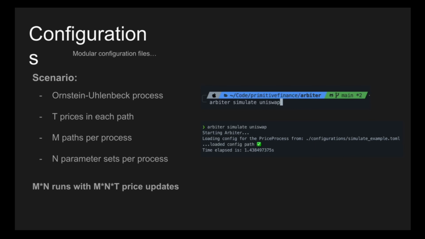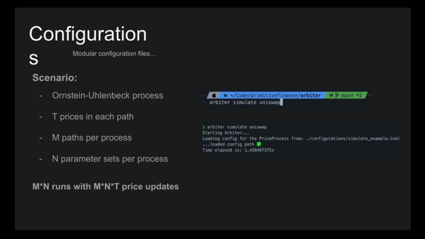It's going to look like what a stable token price will do. We're going to set, say, some capital T amount of prices that we're going to run over each price path. We're going to do M different paths per process, so per seed of process. And then we're going to say vary over capital N different parameter sets per process.